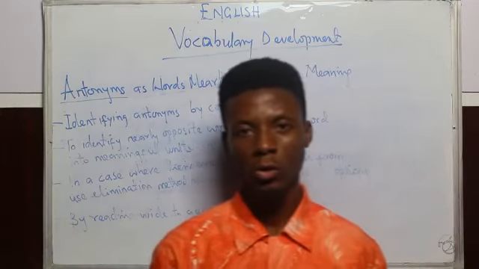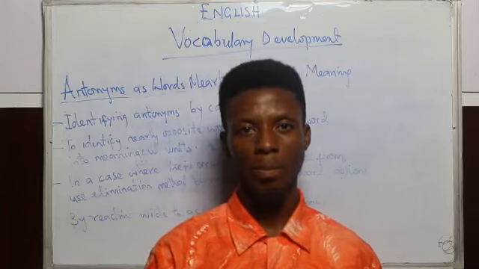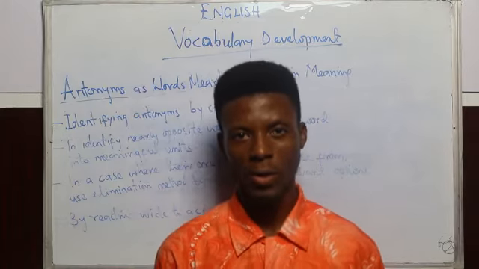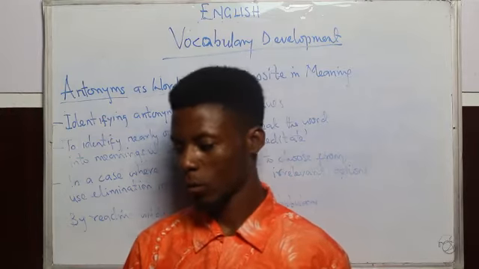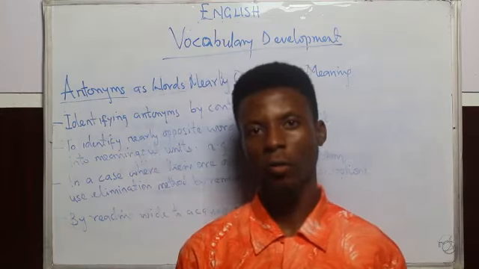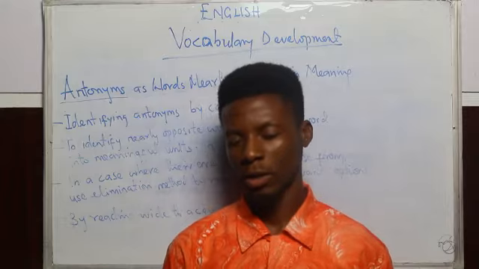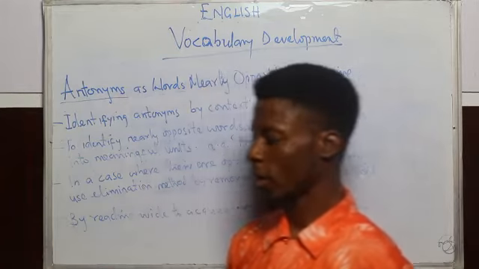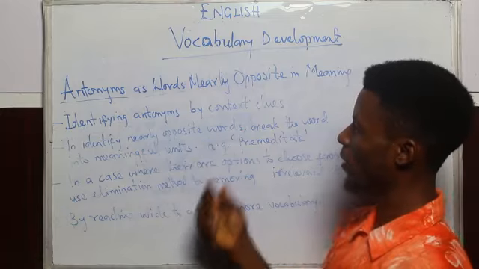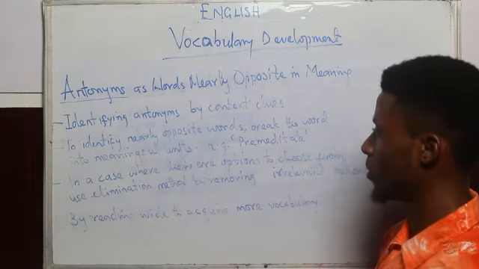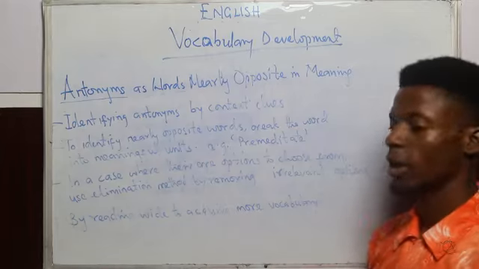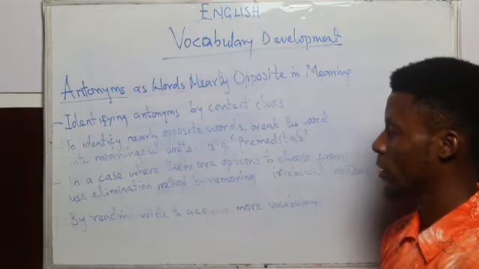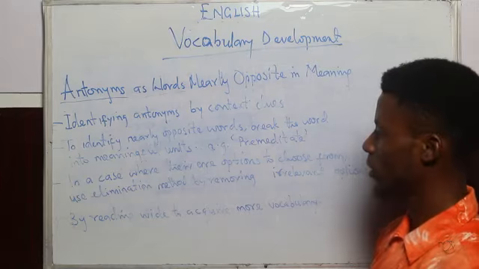It helps to pinpoint what a particular word means in a particular sentence, and by doing that, it gives us the idea of what the new word means. Another way of identifying words that are nearly opposite in meaning is by breaking the words into meaningful bits or meaningful units.